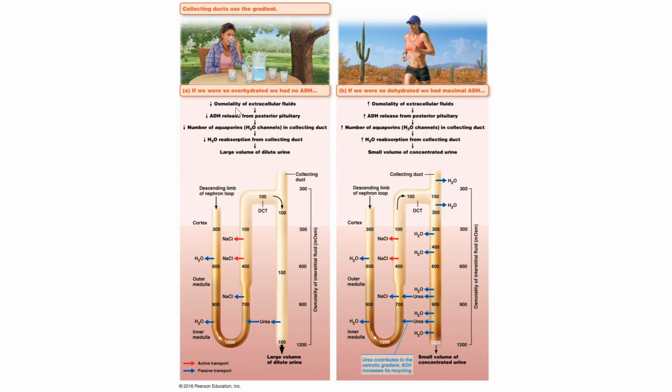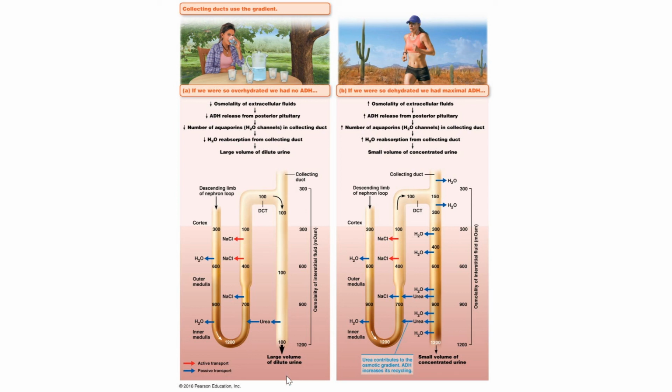When we have a lower osmolality, our body releases less ADH. ADH is the antidiuretic hormone that's able to put aquaporins in the collecting duct. But we're overhydrated, so we have decreased osmolality, so we don't release very much ADH. We don't have very many aquaporins. That means that most of the water is going to stay in this collecting duct, and then we're eventually going to pee it out.